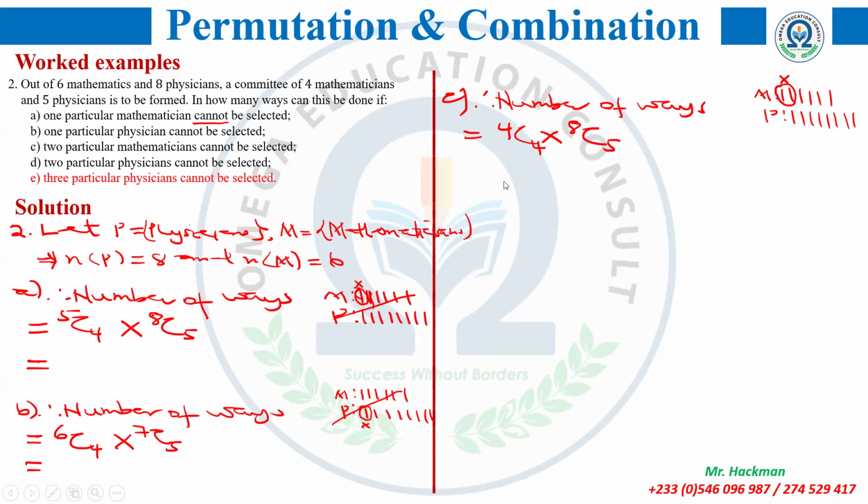Remember, I told you that at your level, you should know N combination 0, N combination 1, and N combination N. Is that not it? So we said any number combination 0 is 1. Any number combination 1 is the number itself. Any number combination itself is equal to 1.